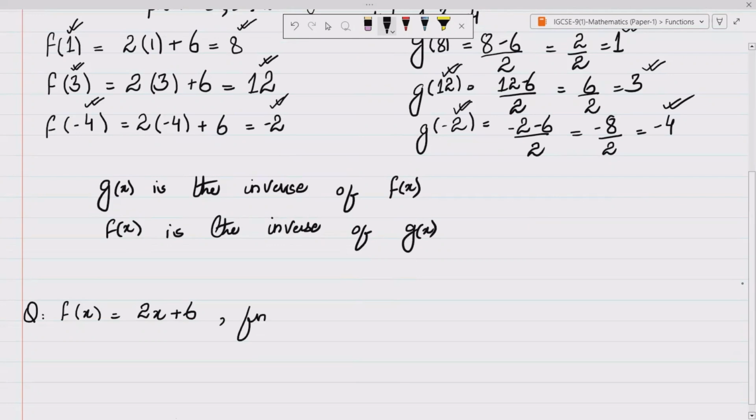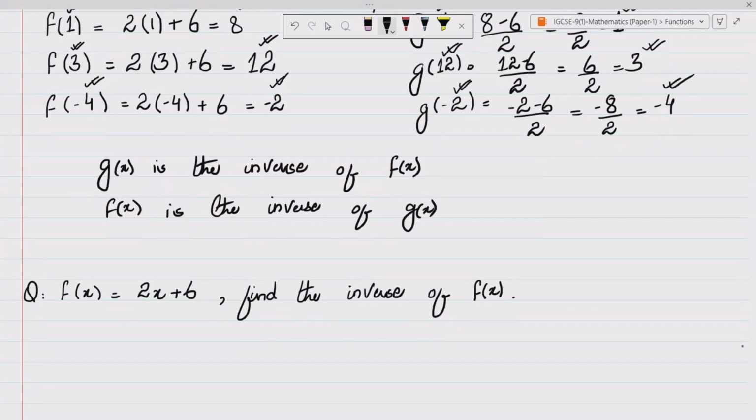Find the inverse of f of x. So in the exam, we are given a function f of x like this one, and they are asking us to find the inverse of this f of x.